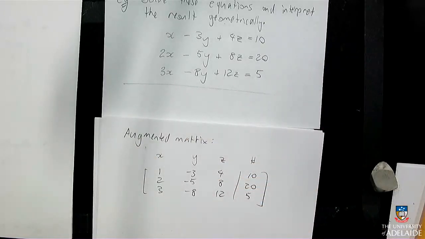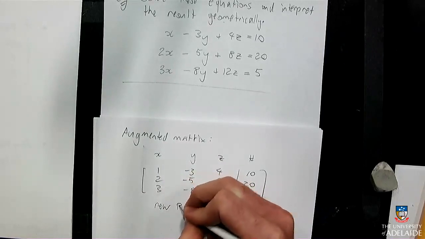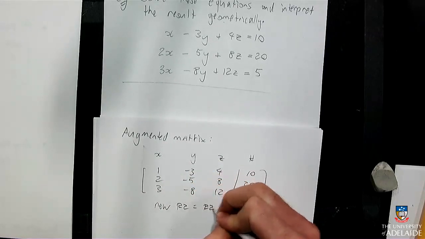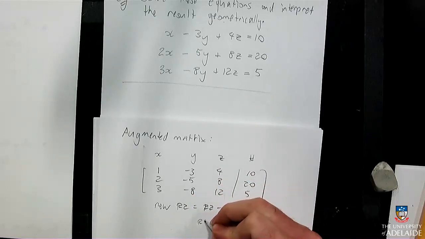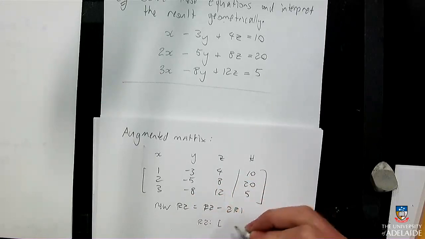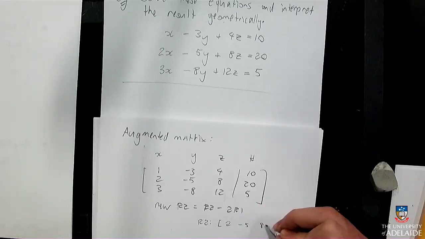Okay, so I could make zeros here, and I normally work one column at a time. So my new row 2 is going to be my old row 2 minus 2 of row 1. And just so that I don't have mistakes in my working, this is row 2: 2, -5, 8, 20.